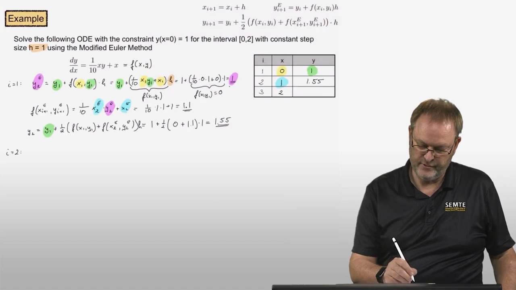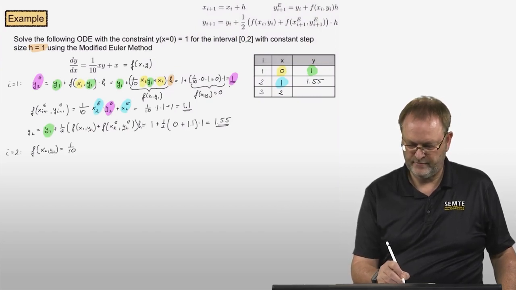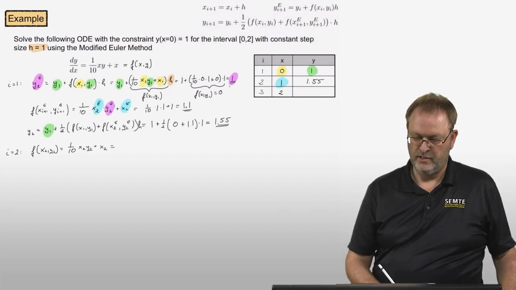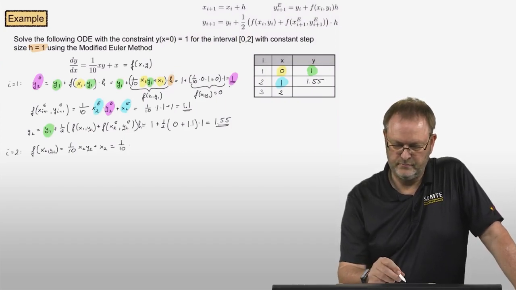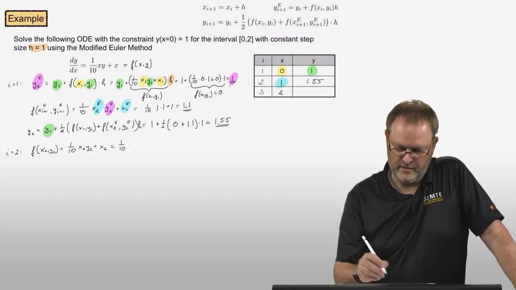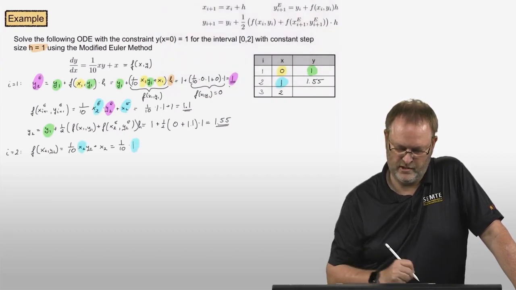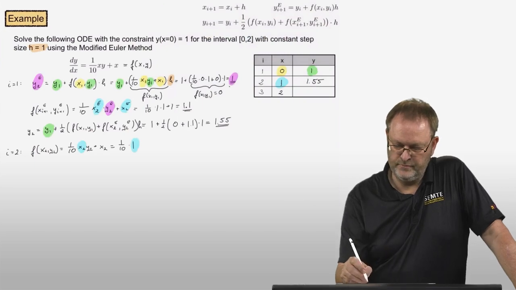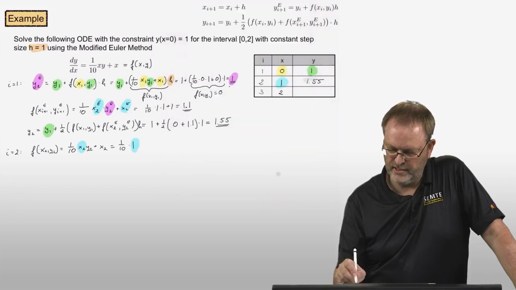First off, we have to evaluate f of x2, y2. That's 1/10 x2, y2 plus x2. So all I have to do here is look in the table. x2 is 1. That's my cyan. That's my x2. Times y2. I'll pick another color here. There's my y2.